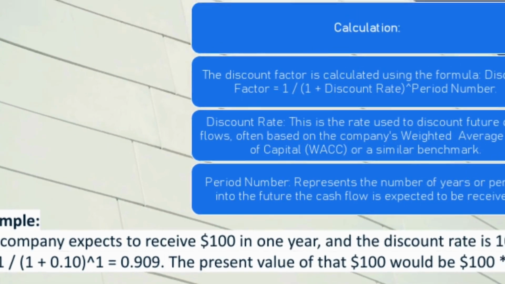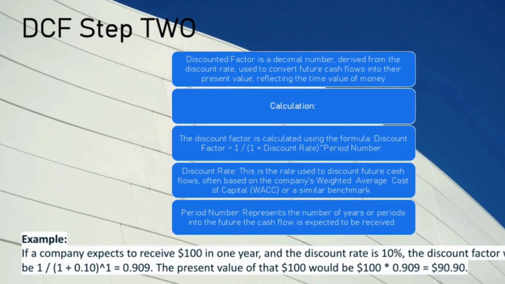The example is there for you to better understand. If a company expects to receive $100 in 1 year and the discount rate is 10%, then the discount factor would be 1 by (1 plus 10%) to the power 1, because 1 year is there, which is 0.909.